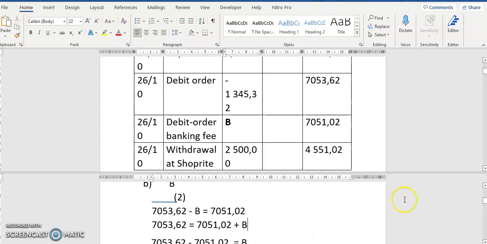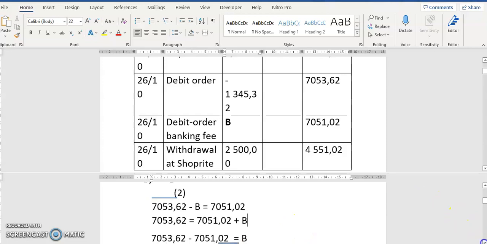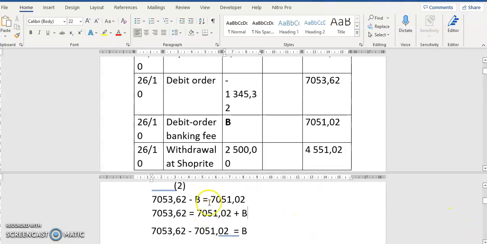Is that okay? Now I'm going to move this one to the left hand side. Because plus B is the same as B, I'm transposing this one to the left hand side. So if I transpose, it's going to be minus. You see this is already at the left hand side. Then this one is coming, and it's a plus.